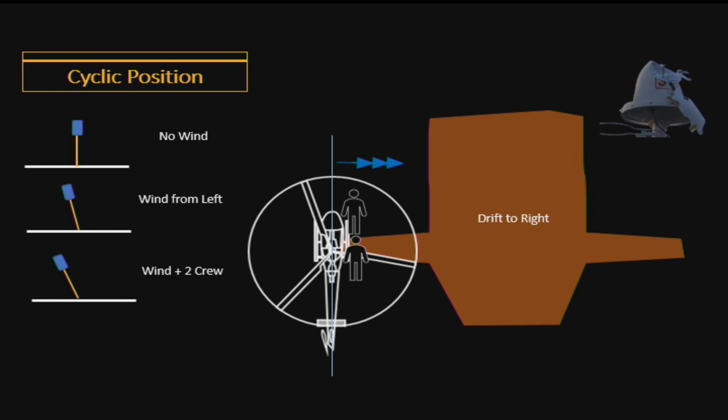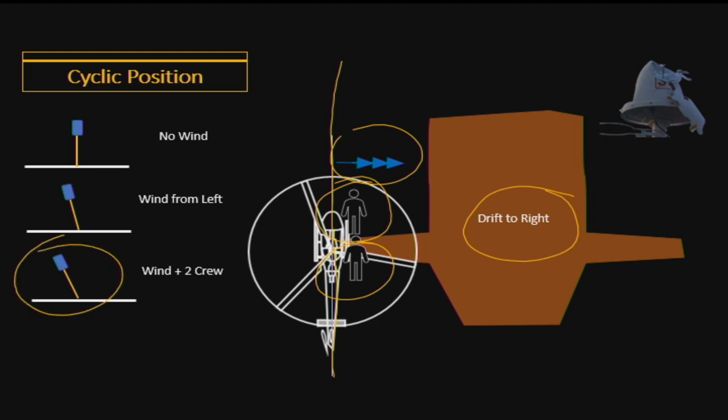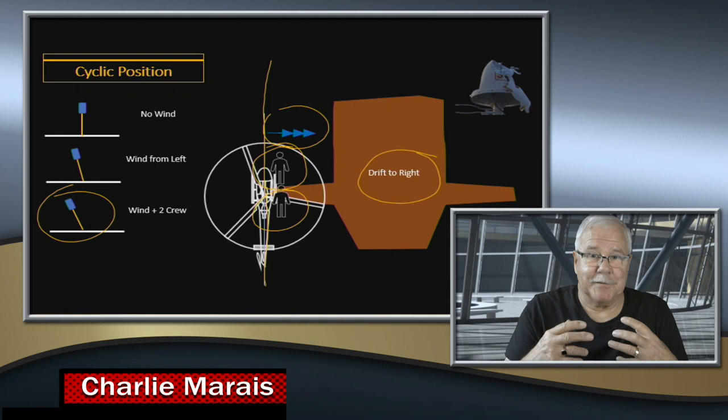Now taking into consideration the wind plus the two aircrew, and you can see that's all on the right hand side of the longitudinal axis of the helicopter, meaning that it wants to drift to the right, even more offset to the left. Now there's a limit. The cyclic can't move.